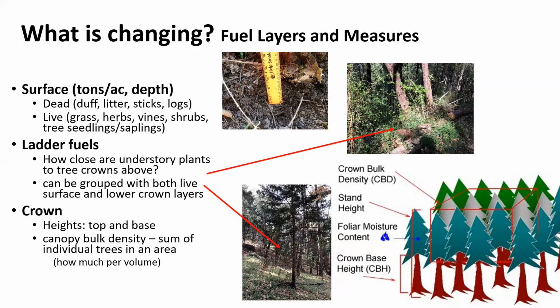So it's canopy bulk density. And it turns out how compact it is is important. So if it's squished down vertically, like in a plantation, you have a higher bulk density than you might in an old growth stand, which can also have high bulk density, but may have the trees more layered and different, some taller, some shorter, and sometimes there's more air in between. So it's not necessarily just about the age or the size of the trees, it's how compact they are.